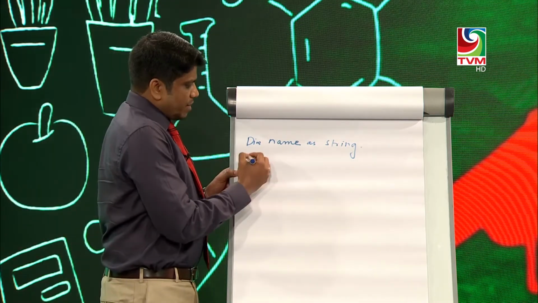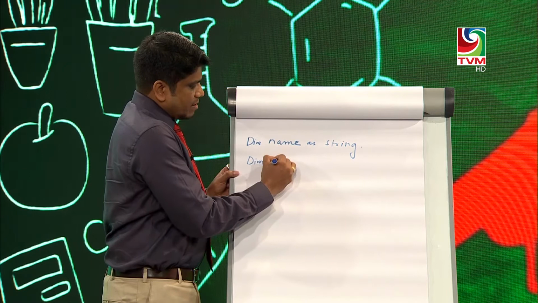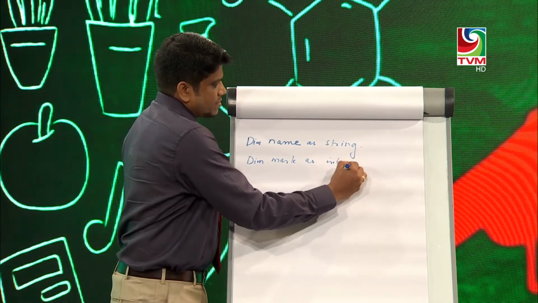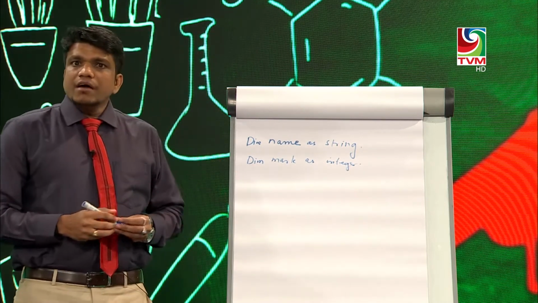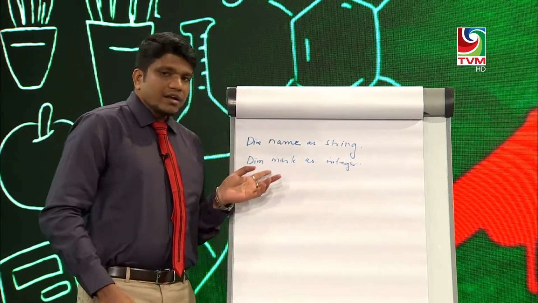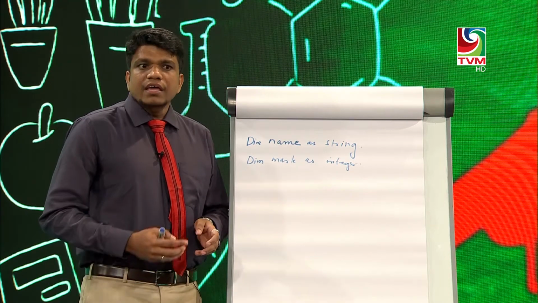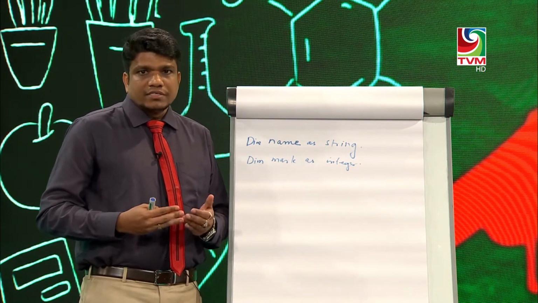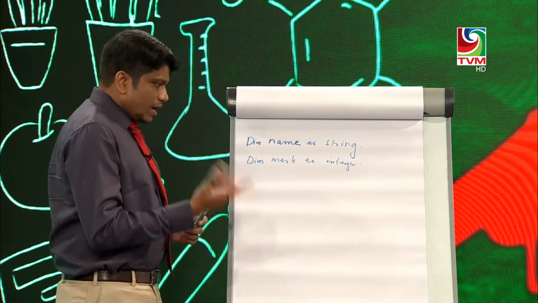Next I am taking another variable, Dim mark As Integer. Why am I saying name and mark are variables? Because name and marks always change. Then another one is constant.